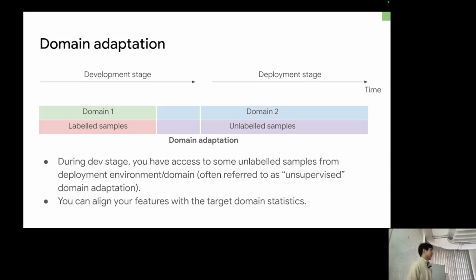Have you heard of domain adaptation before? No? No one? Okay, domain adaptation is, how to say, you have a shift in distribution at deployment, but you have a little bit of unlabeled samples from the test distribution available during training.